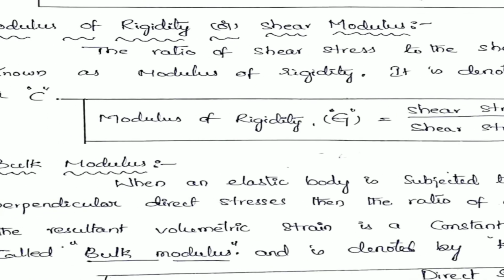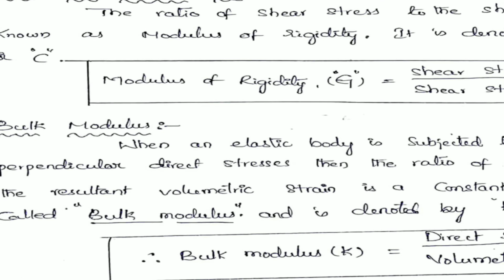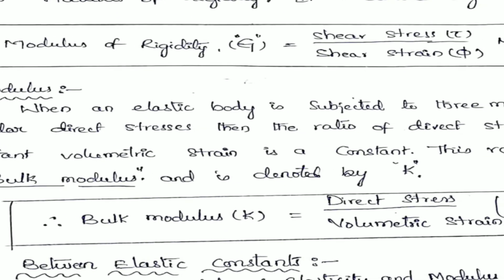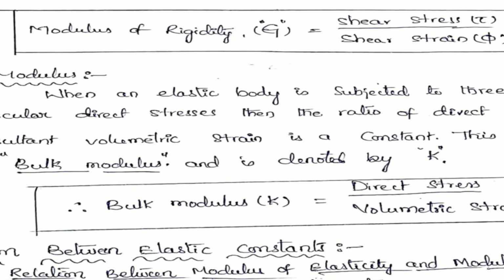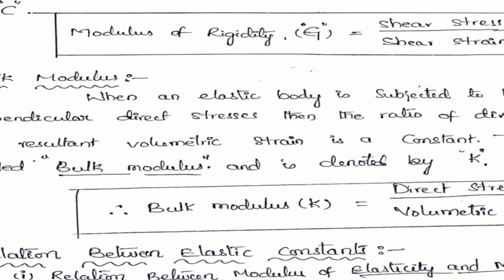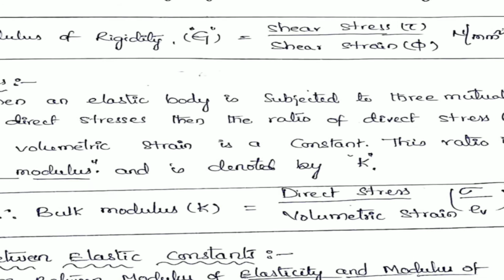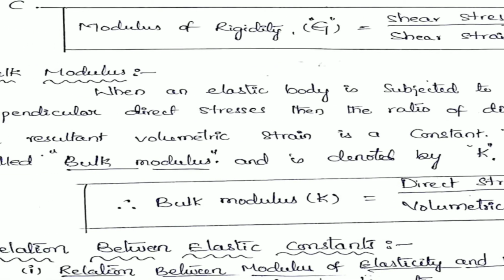Next important formula, bulk modulus. What is bulk modulus? When an elastic body is subjected to three mutually perpendicular direct stresses, then the ratio of direct stress to the resultant volumetric strain is a constant.